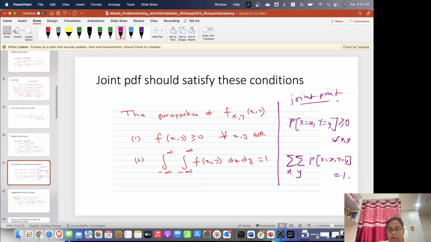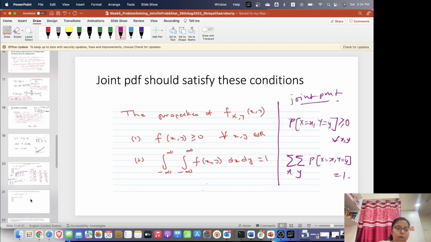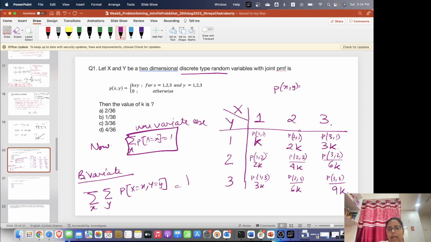Then, if the total probability should be 1, the sum of all these k's should be equal to 1. Therefore, k plus 2k plus 3k plus 2k plus 4k plus 6k plus 3k plus 6k plus 9k should be equal to 1.